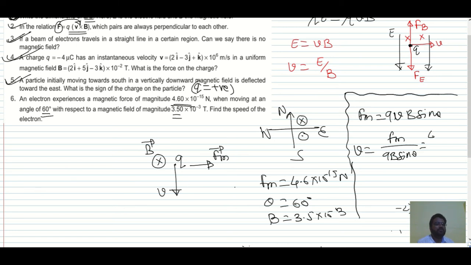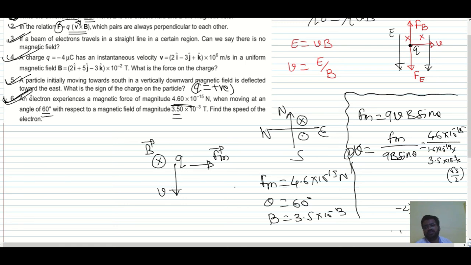What is Fm? 4.6 into 10 to the power minus 15 divided by Q. Charge we have is electron, so 1.6 into 10 to the power minus 19 into B magnetic field, 3.5 into 10 to the power minus 3 into sine 60 degree. Sine 60 is root 3 by 2. Now calculate this and you will get the speed. So I hope this is clear. So this is the sixth one.